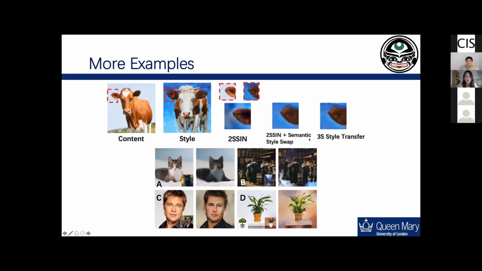Because the semantic style swap transfers the texture of the styles, it usually adds more details of the style. Here is the final result. Here we have more examples: A and B are region of interest style transfer, this one is single style transfer, and this is multiple style transfer.